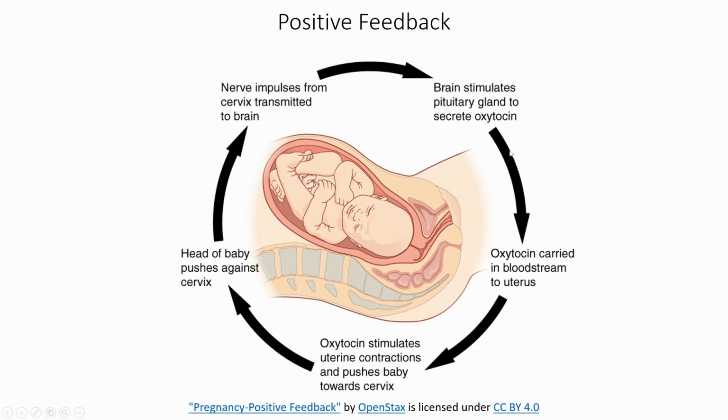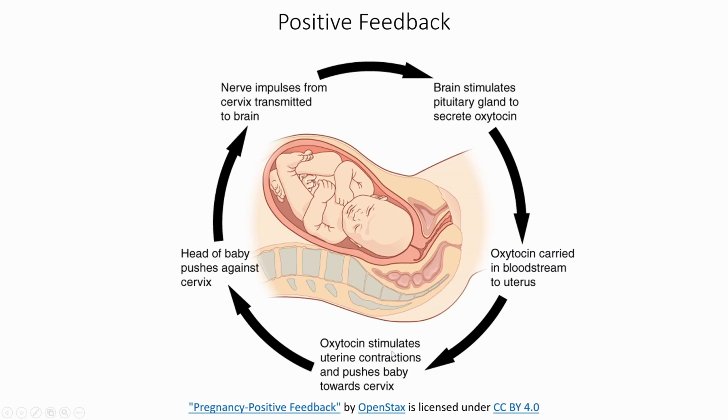The oxytocin is pushed into the bloodstream, it eventually reaches the uterus, and when the uterus receives oxytocin, it's going to cause uterine contractions, basically squeezing around that baby to push that baby further into the birth canal. So the baby's being pushed even harder against that cervix, which causes more stretching, which sends more nerve impulses to the brain, which then tells the pituitary to secrete more oxytocin.